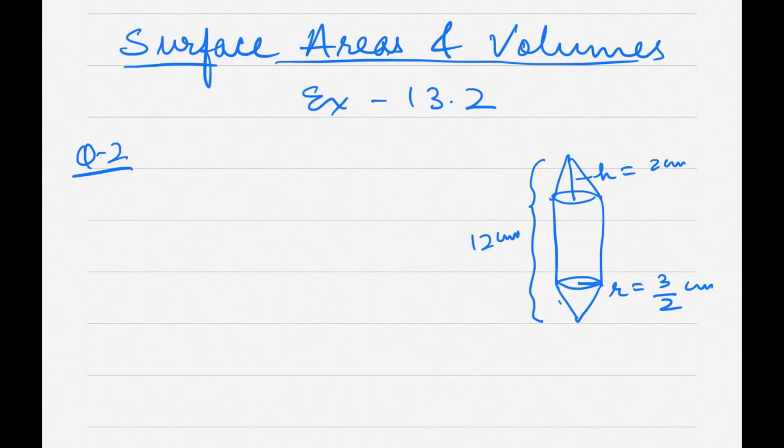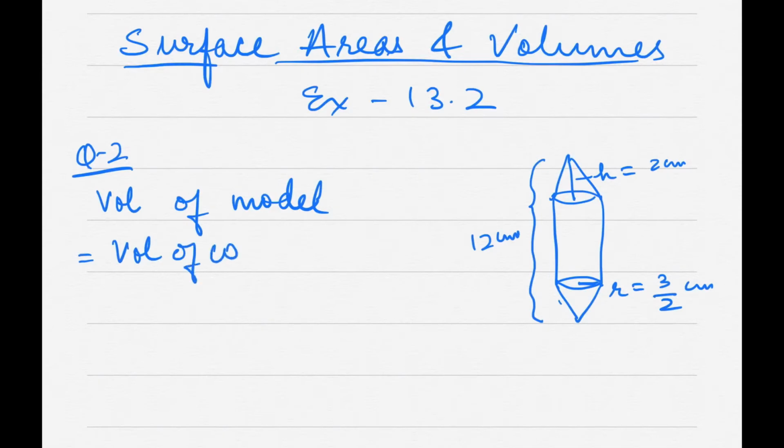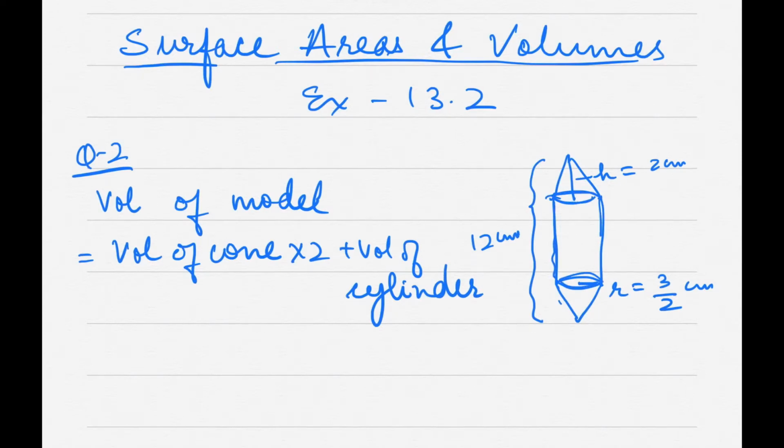Okay, so now volume of model will be equal to volume of cone, but there are two cones, so into 2 plus volume of cylinder, correct? So volume of this cylinder and volume of these two cones.